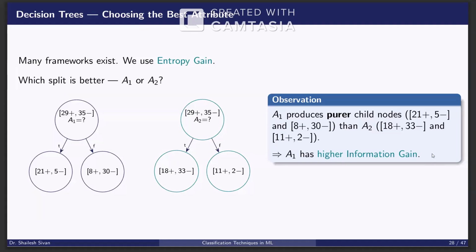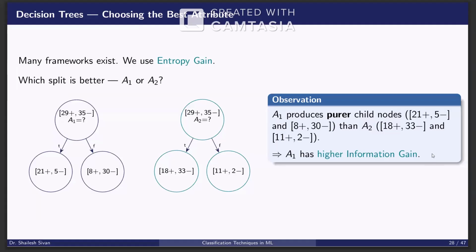Here you can see that by taking A1, there are 29 positive observations and 35 negative observations. By taking A1 as the best split, what will it produce?